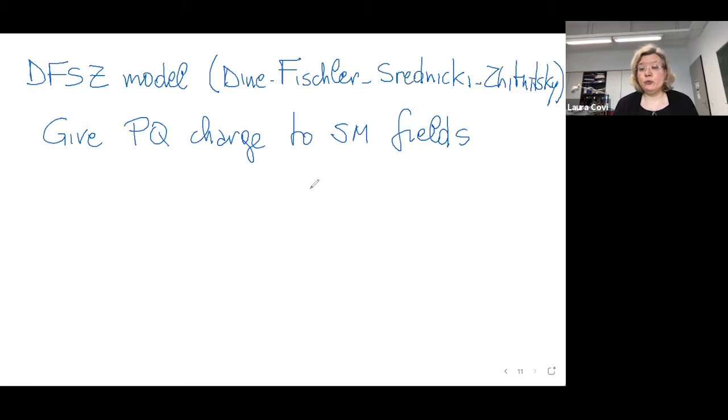But of course, you could also have coupling to the Higgs. If you give a Peccei-Quinn charge to the quarks, you have to give a Peccei-Quinn charge also to the Higgs. And you could also have the leptons having a Peccei-Quinn charge, again connected to the fact that the Higgs has a charge.